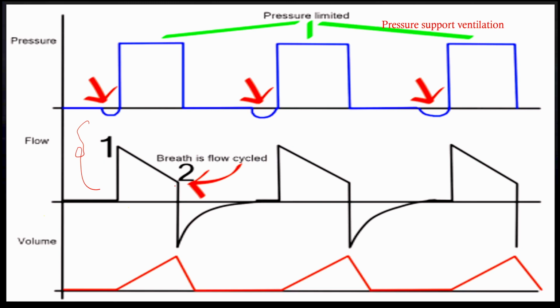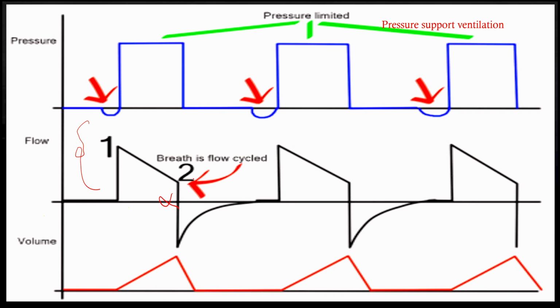The ventilator switches to expiration when the flow drops to about 25% of the peak flow. And that is exactly what is happening here. So the baseline is not reached, unlike what you saw in the pressure control deceleration pattern.